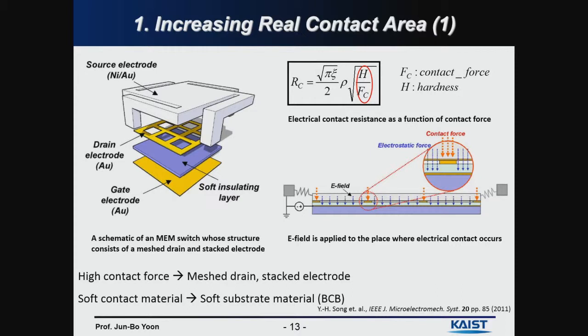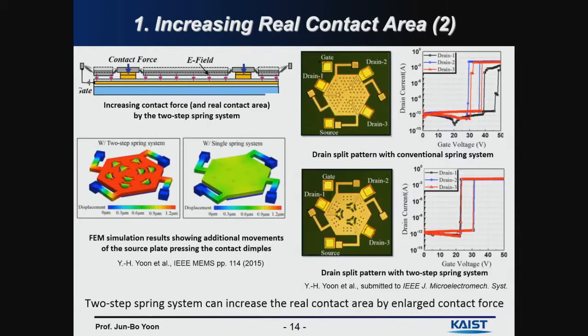Then the electrostatic force actually penetrates this drain electrode to pull down this source plate. And by using this structure, we can enhance the contact force, because this structure can effectively pull down this source electrode. And also we use the soft insulating layer, which is the BCB, to increase the real contact area.